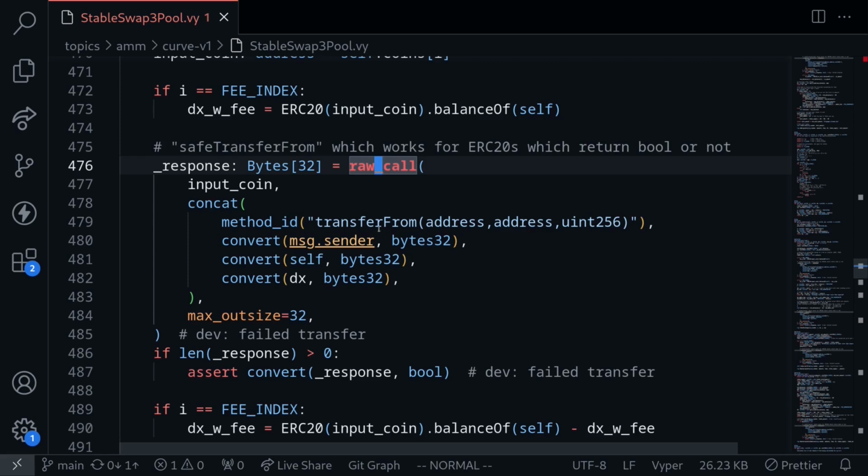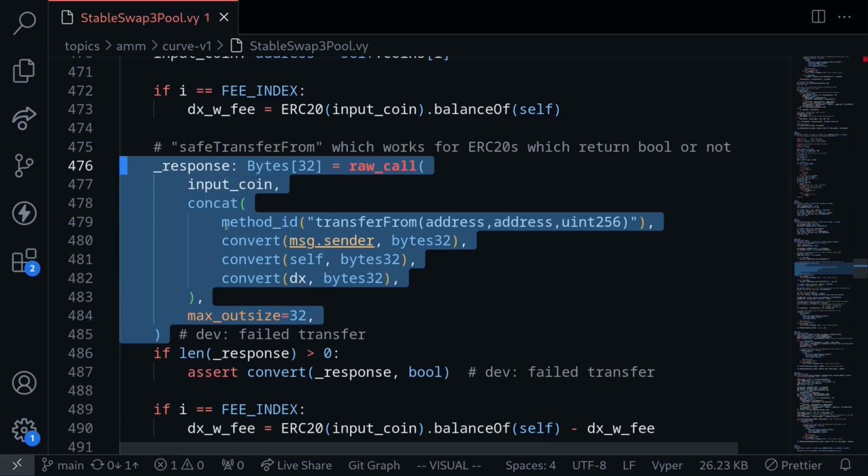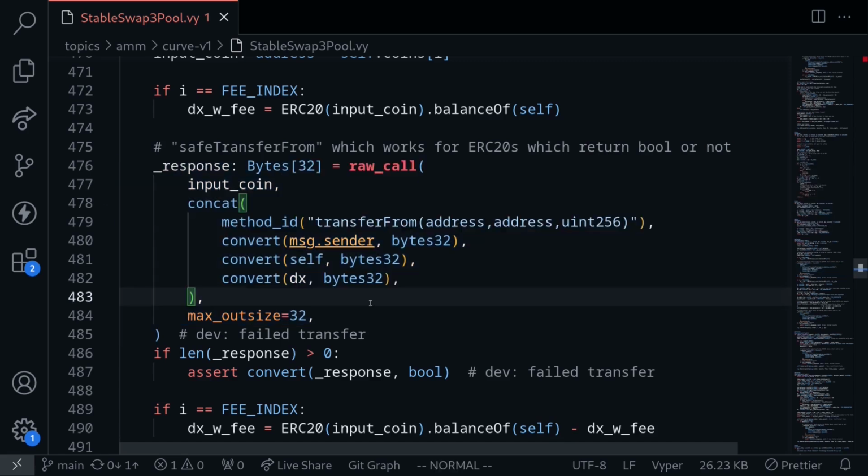And other tokens like DAI, when the function transferFrom is called, return a boolean. And if we were to use the IERC20 interface that expects a boolean to be returned, and we call transferFrom on USDT, then the function call to transferFrom will fail. So this is why it's using a low-level call to avoid that error.